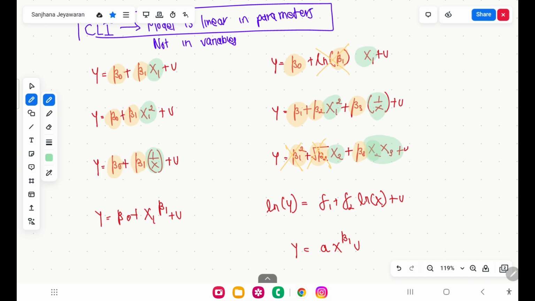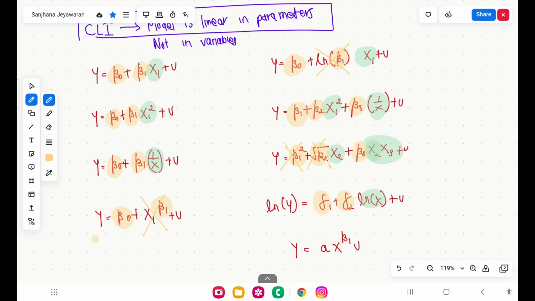Next one, here ln has been applied to the x variable, but that doesn't matter. How about the population parameters? Yes, it's linear. Now in this one, x1 is the variable, leave that out. Beta naught is linear, but beta 1 is a power of x1, so this is not going to satisfy the assumption of CL1.